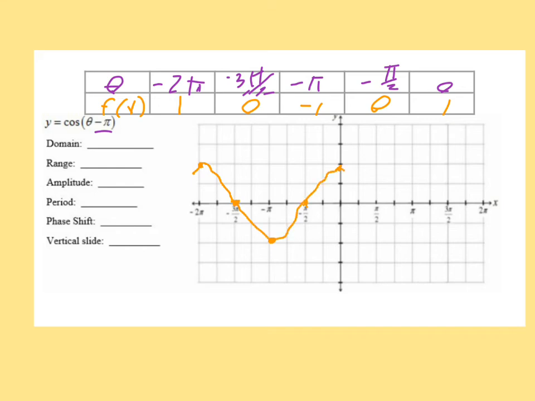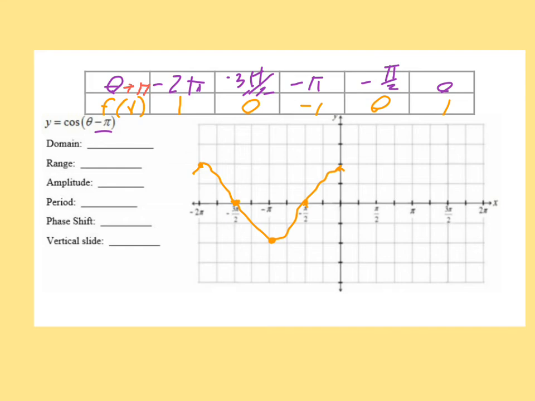Same curvature, just moved to the left to accommodate for our transformation. Now bear in mind, folks, I still have my period of 2 pi, which is why this is okay. So now we're going to do our modification, our transformation. That minus pi is going to be a plus pi because the x's lie to us.